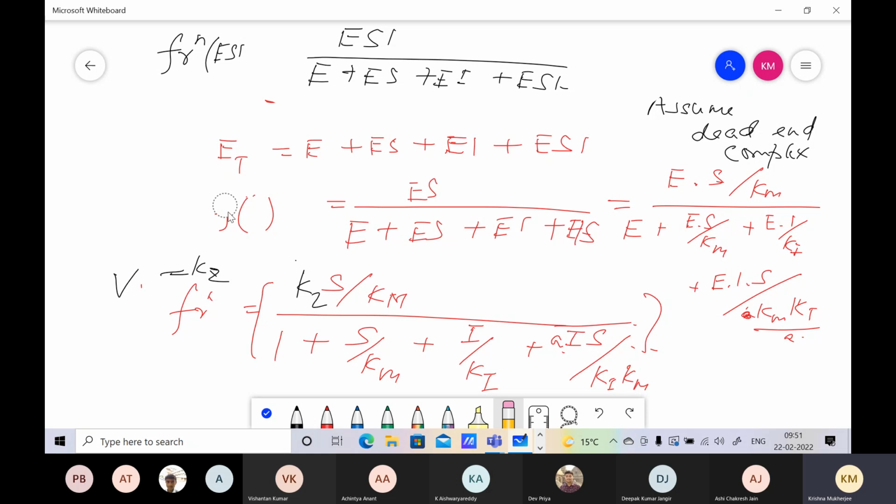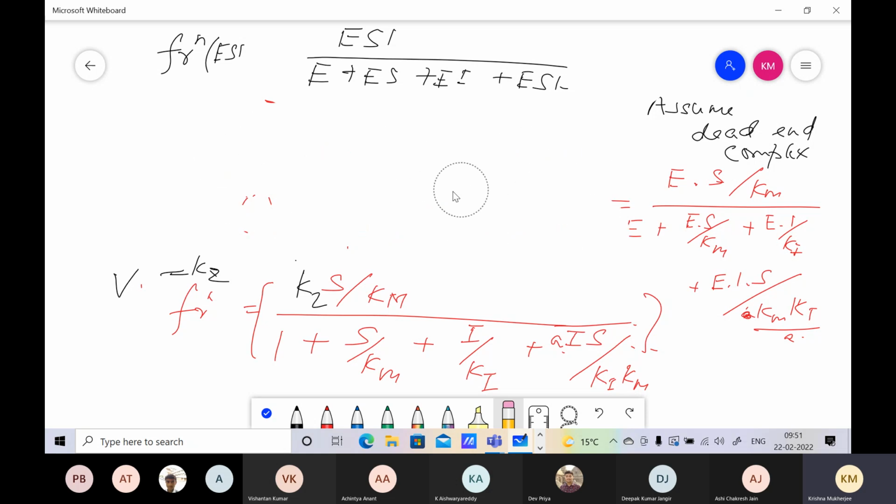So instead of this fractional saturation, I now have a fractional saturation given by another expression here, which is E into S into I divided by Ki Km into A here, right?